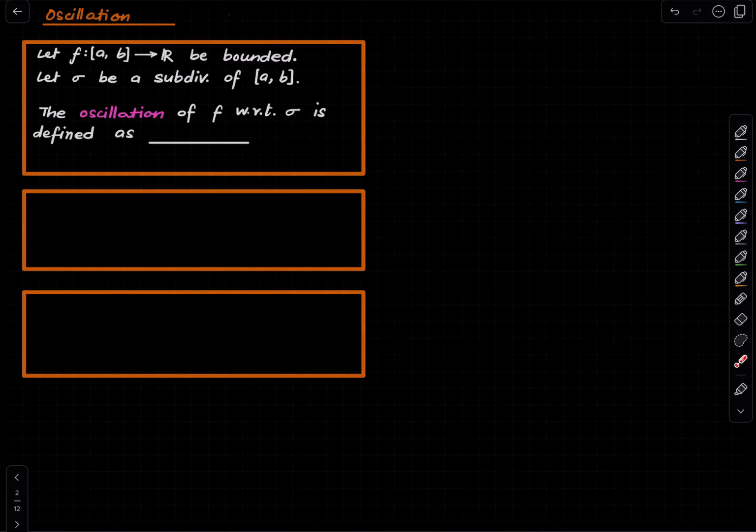So let's define the oscillation of a bounded function. So we have a bounded function, and we have fixed a subdivision of the domain. The oscillation of the function f with respect to the chosen subdivision is defined as, the notation is w, then put a subscript.